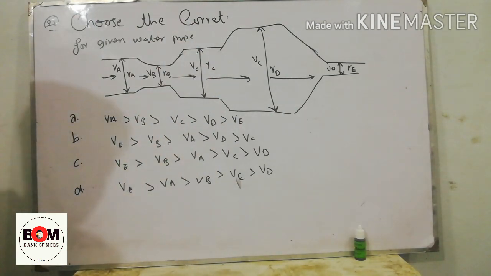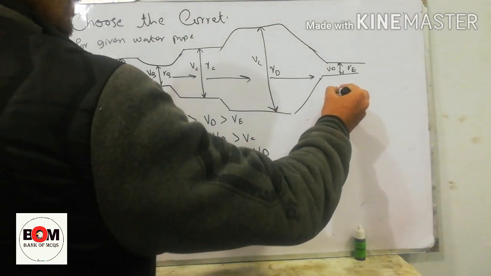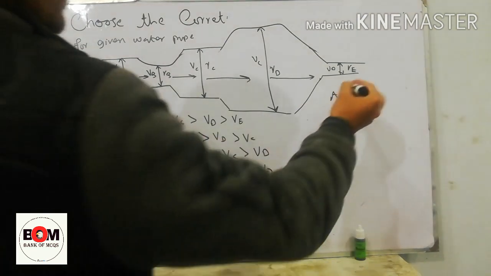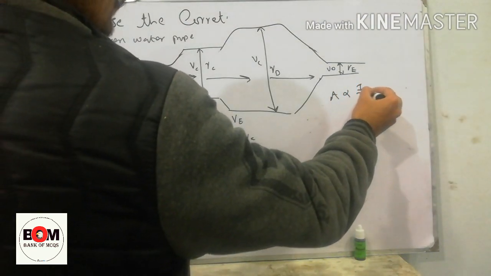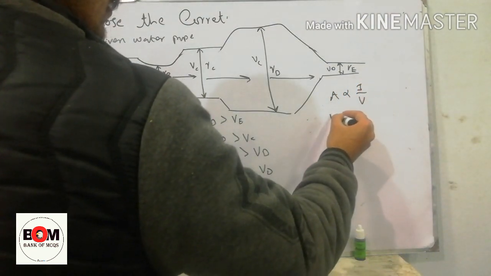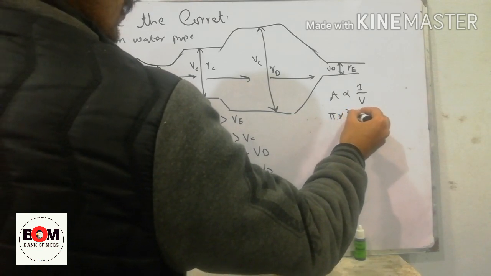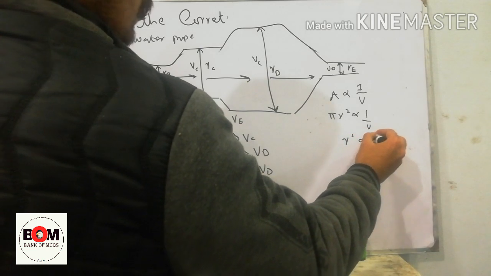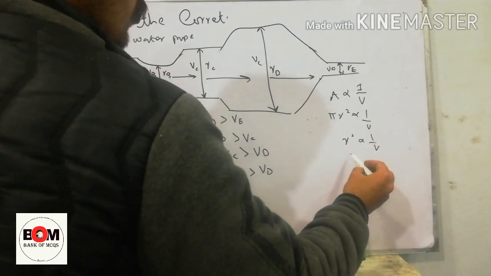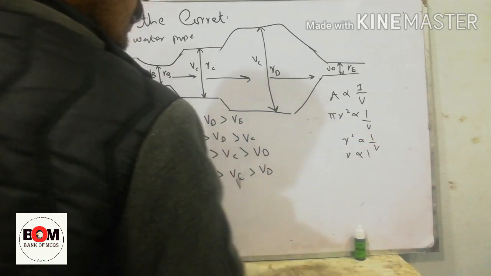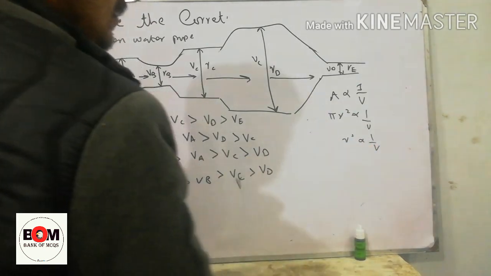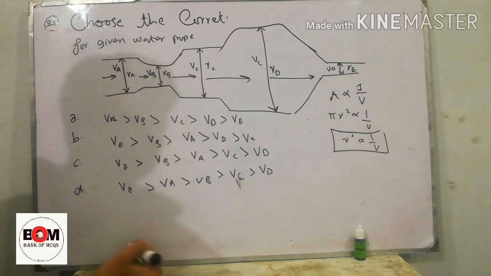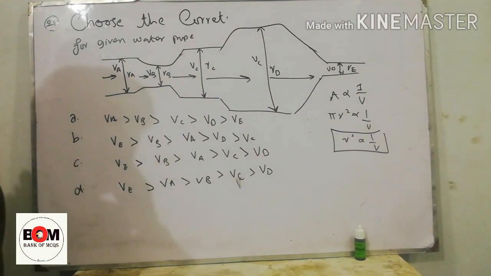So from the continuity equation we know that area is inversely proportional to velocity, or area equal to pi r square is inversely proportional to velocity, or radius square is inversely proportional to velocity. So from the equation it is clear that radius is inversely proportional to velocity. So first we will write the relation for radius.